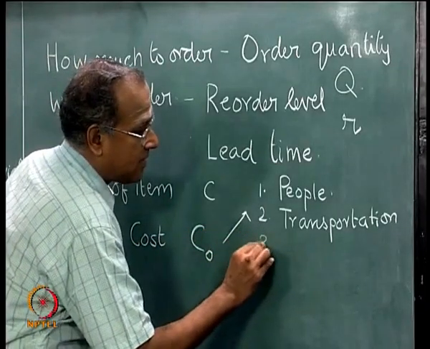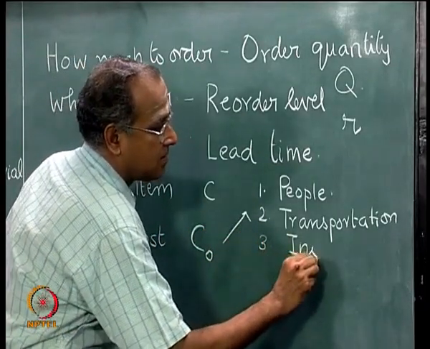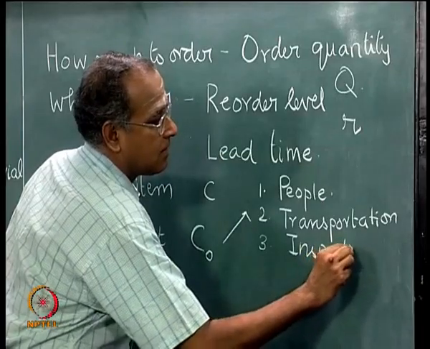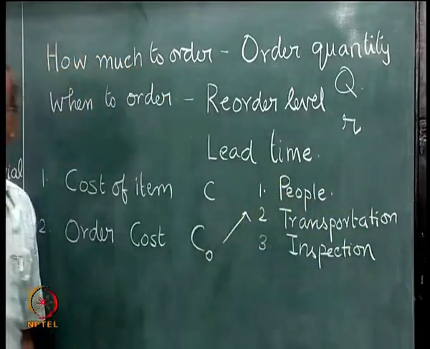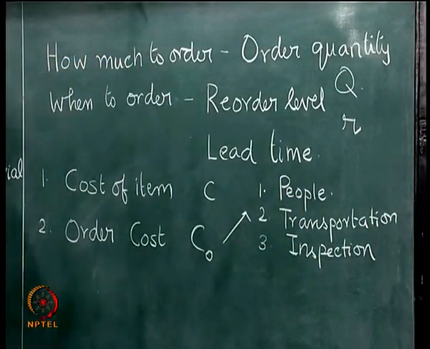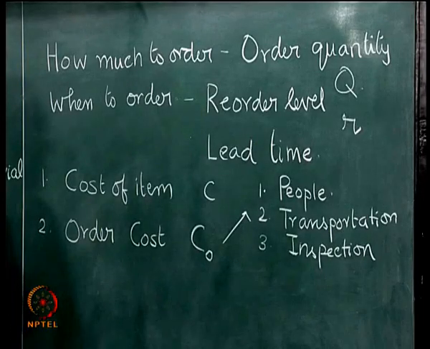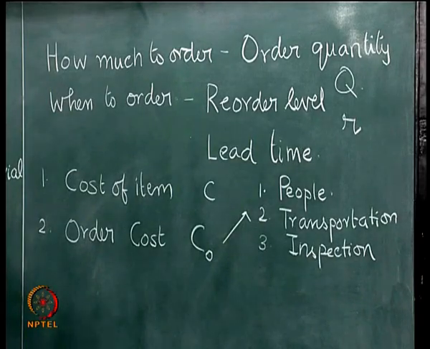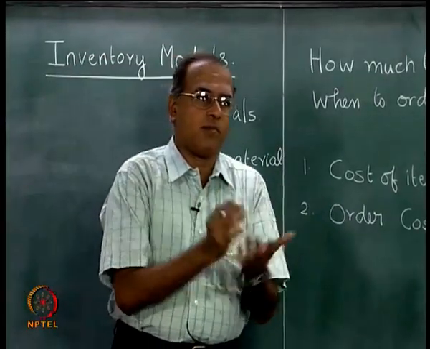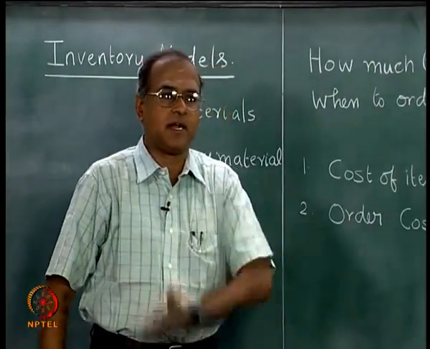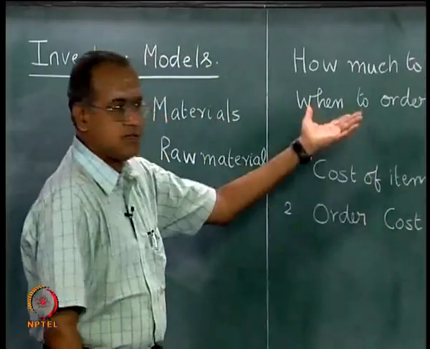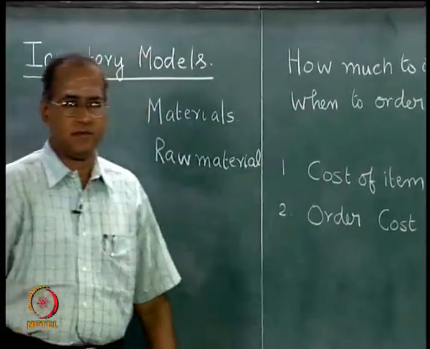Third, there could be inspection costs, because these items that come in have to be inspected. Sometimes we could have 100% inspection, sometimes there could be random sampling, but in some form these incoming goods are inspected and there is a cost associated with the inspection.